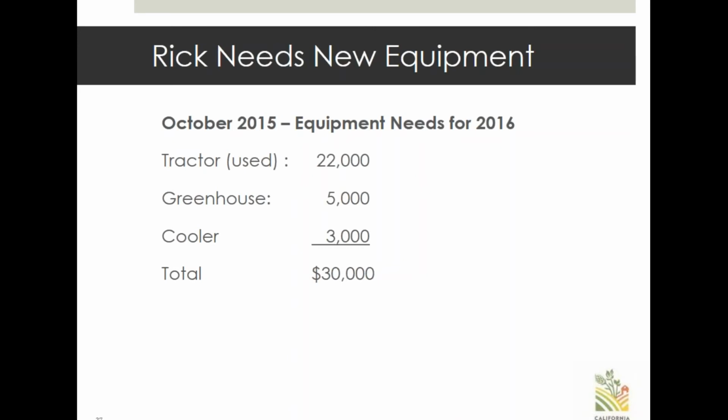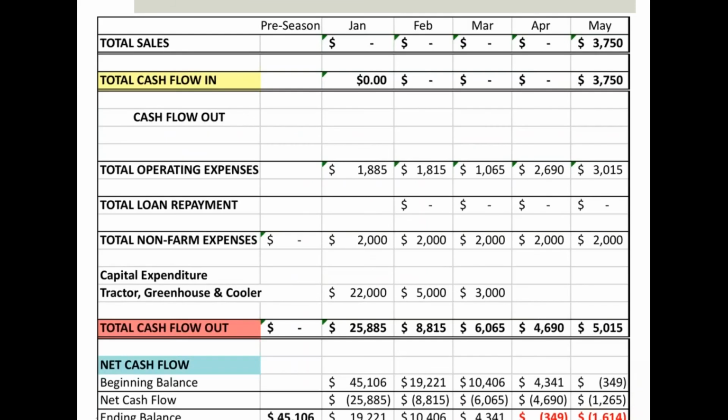He'd also like to build out some greenhouse space so that he can grow the length of his season, and potentially also get a cooler or some money towards a cooler he needs to help extend the shelf life of his products. And he thinks he's going to need about $30,000 to do that in 2016. So he does a cash flow analysis, and he shows the beginning of 2016.